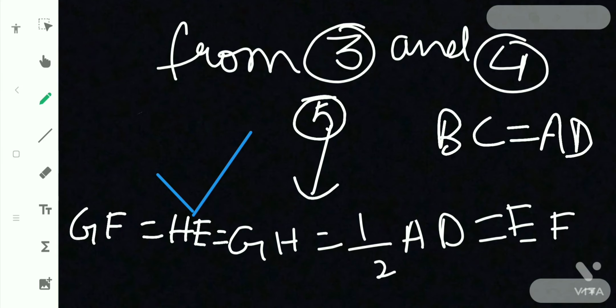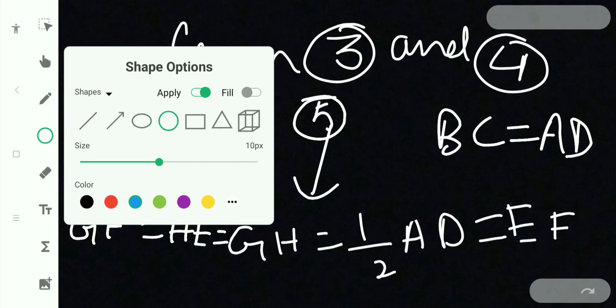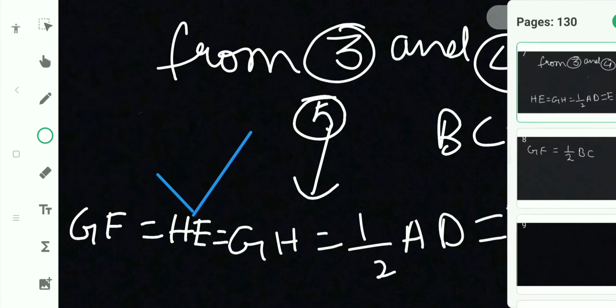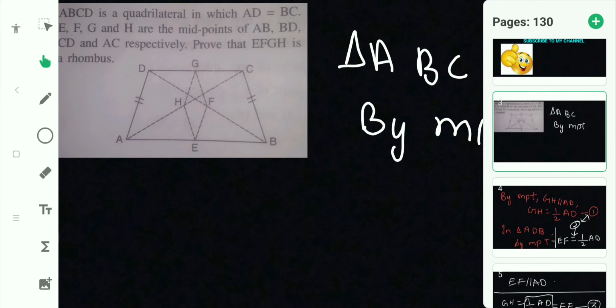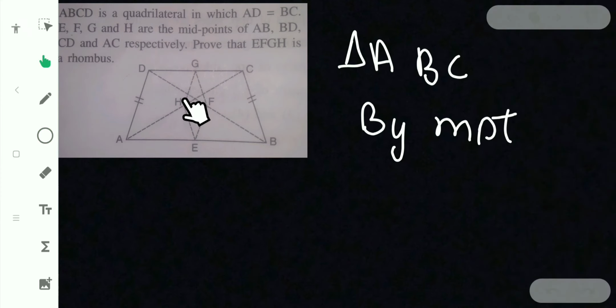Now here if you carefully observe, what they asked to prove in the question is prove GH is equal to HE is equal to HF is equal to GF. They didn't ask that, but they asked to prove that the quadrilateral is a rhombus.